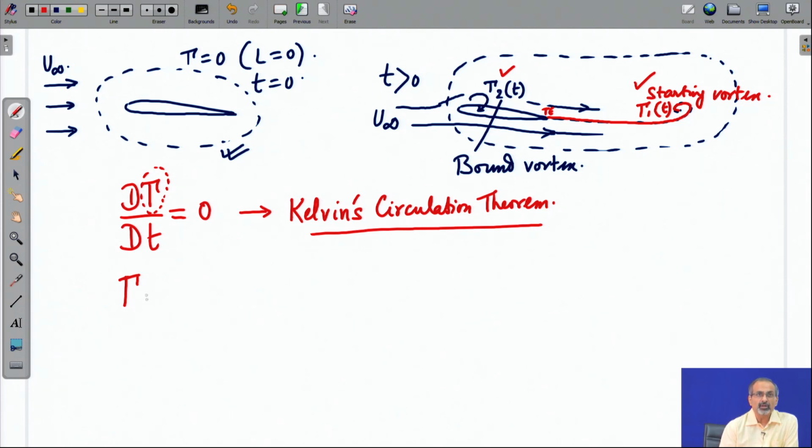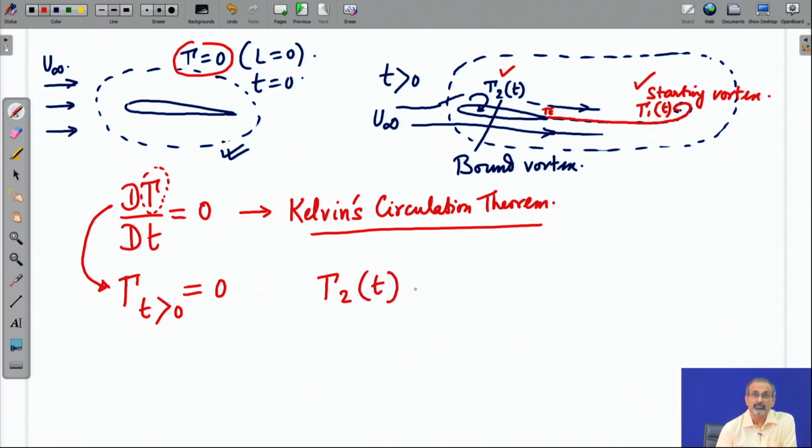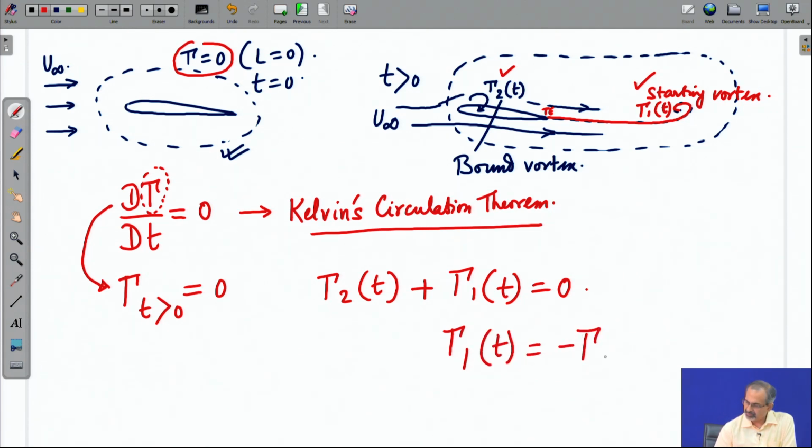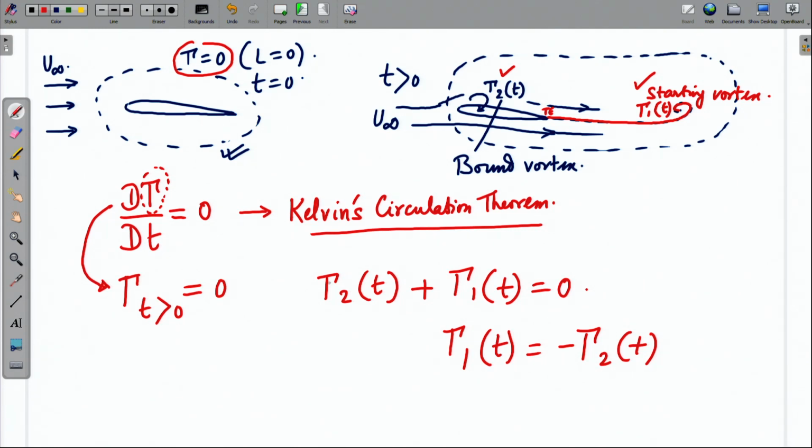As you track the total gamma that these fluid particles carry with them at all times, the gamma remains conserved, which basically means that if you sum up gamma 2 with gamma 1, the sum will always remain 0, which basically means that gamma 1 is equal to minus gamma 2, which means the starting vortex which has been shed into the wake will have a strength which is exactly the same as that of the bound vortex in terms of magnitude, but opposite in direction.